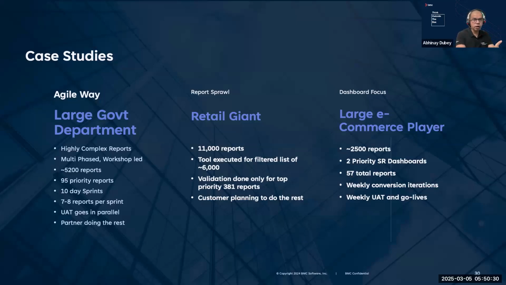So they had two high priority dashboards in smart reporting, and they wanted to migrate the two dashboards and all the reports that linked into them, which came out to be around 57 total reports, including all the drill downs and drill throughs. So 57 reports were taken up in the pilot phase. Again, a highly agile way. They did weekly conversions and weekly mini go-lives.